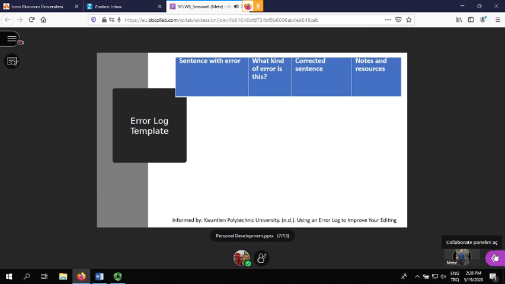I just had 3, right? The sentence with error, the type of error, and the corrected sentence. And this kind of error is from the university error sheet, right? Could be wrong word, WW, wrong tense, WT, wrong word order, WO, punctuation, P, whatever it is.